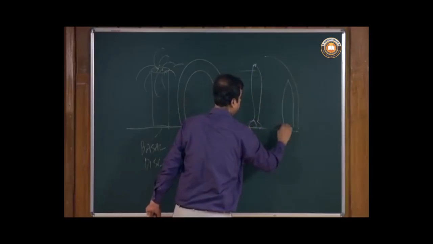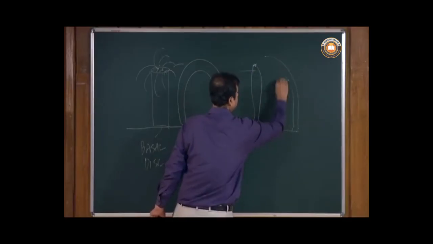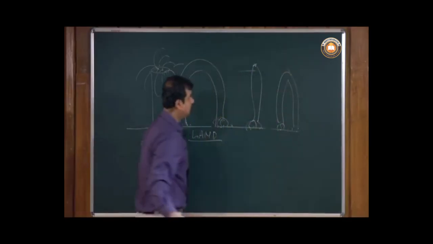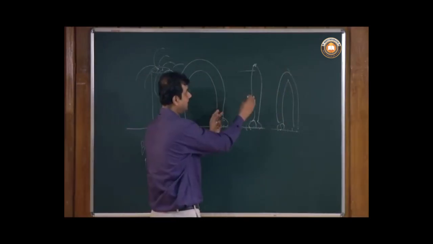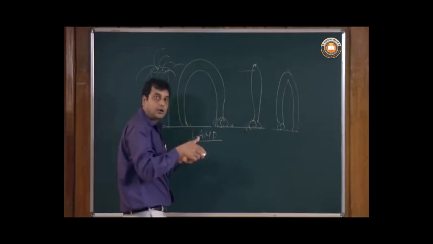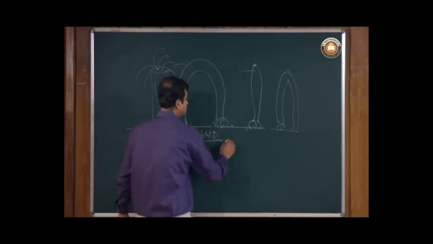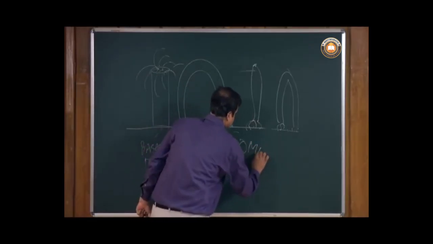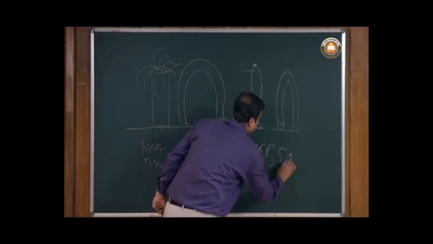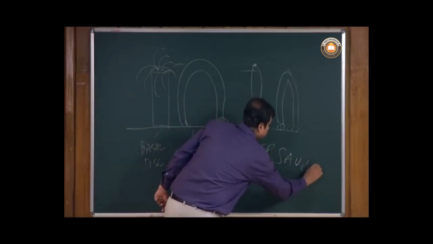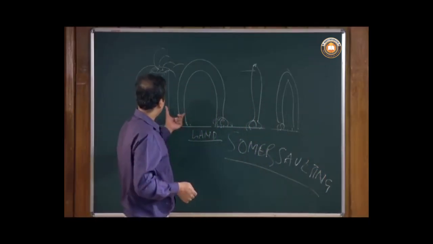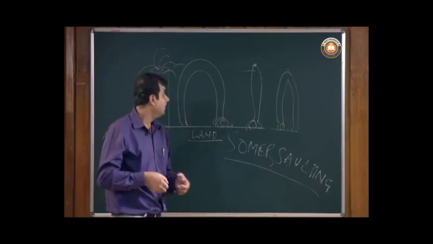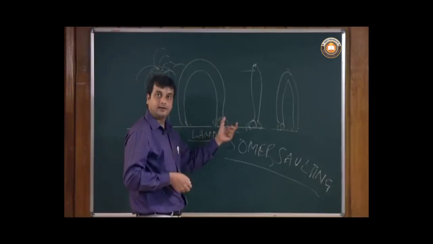So, this is a twisting and then again erecting, then again twisting. This is not looping, right. This phenomenon is called somersaulting. Somersaulting is another phenomenon where the hydra is moving in the substratum with the help of tentacles.